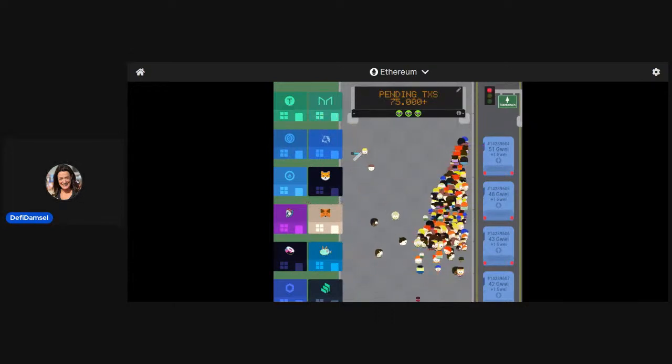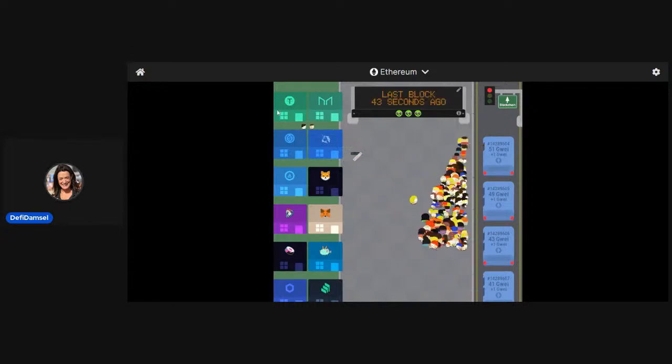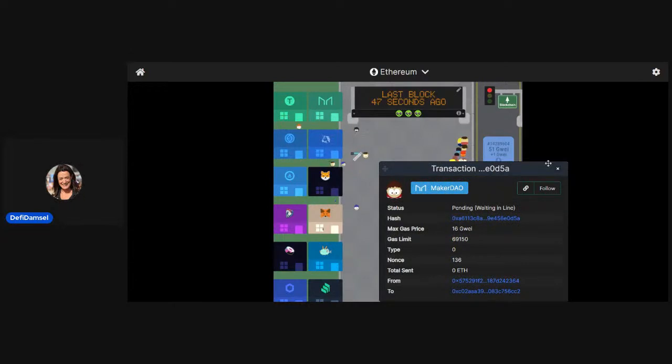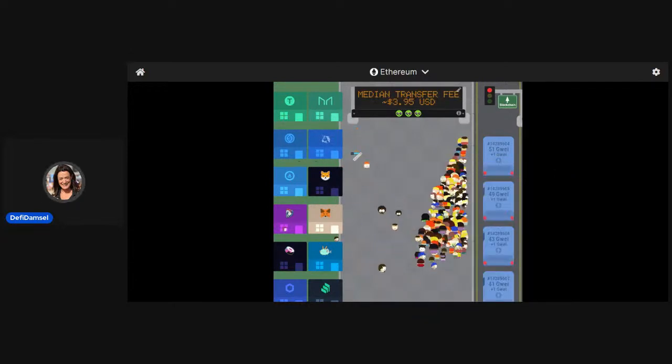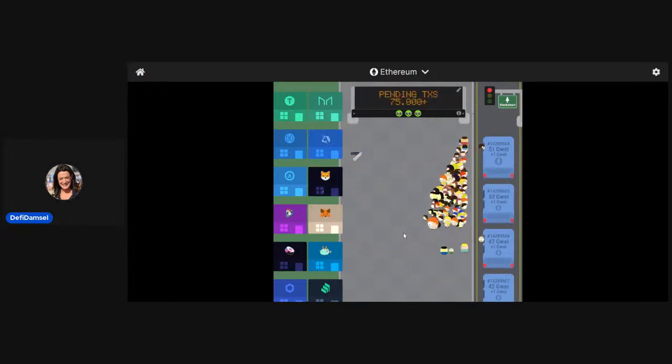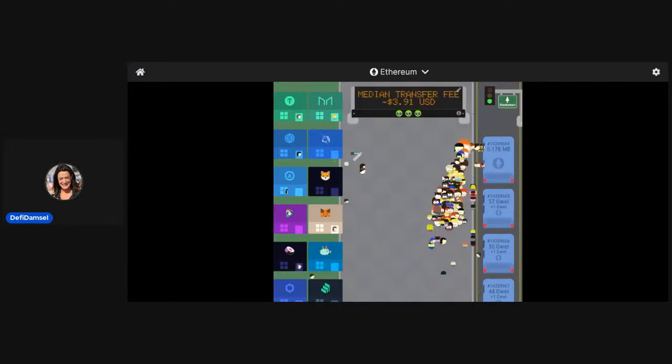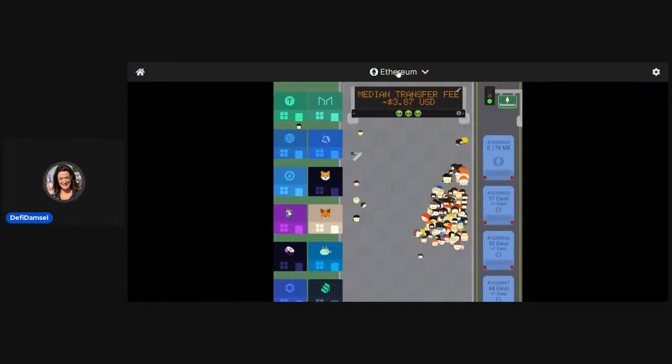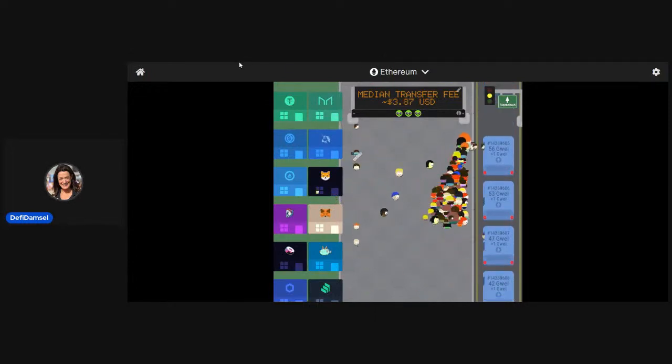So we came up with this: Transaction Street. I don't know if you guys are South Park fans, but these are little Cartmans and Kennys and all the South Park characters, Butters, and just everybody is in here, right? What each one of these represents is a transaction on the blockchain. Right now we're on the Ethereum blockchain, and here they call it a street.